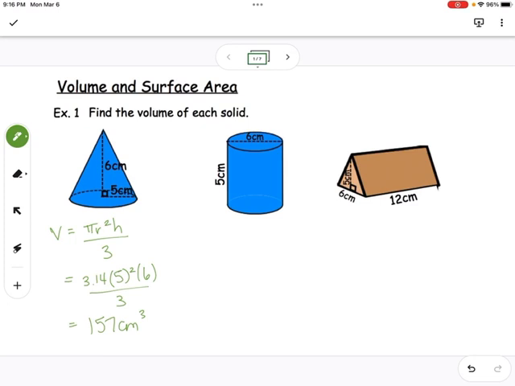Okay, looking at our next shape, we have a cylinder. Volume of a cylinder is pi r squared times the height. We see all the way across the circle, which is the diameter, is 6 centimeters. So halfway across is going to be 3 centimeters, which will be the radius.